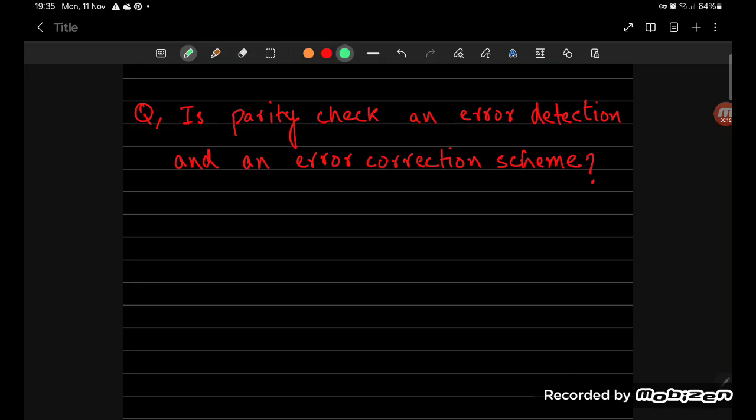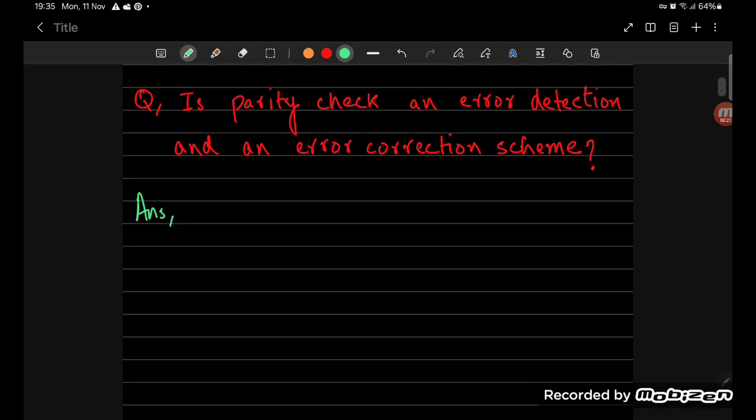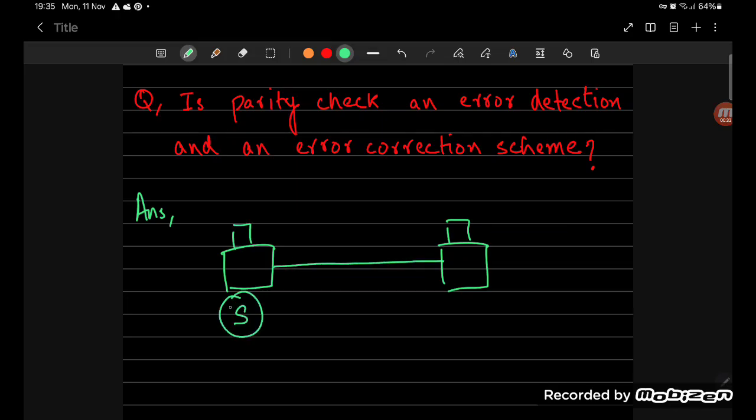Just imagine that this is the sending computer and this is the receiving computer, and we are now going to take a look at the receiving side.